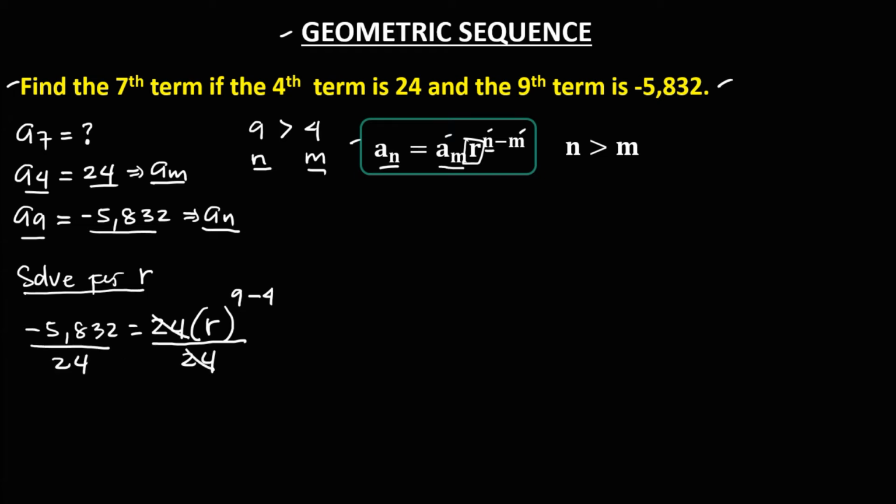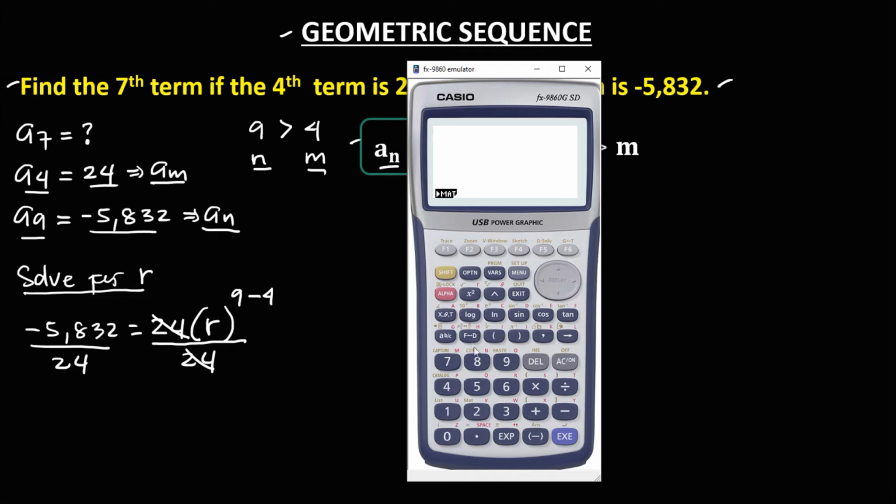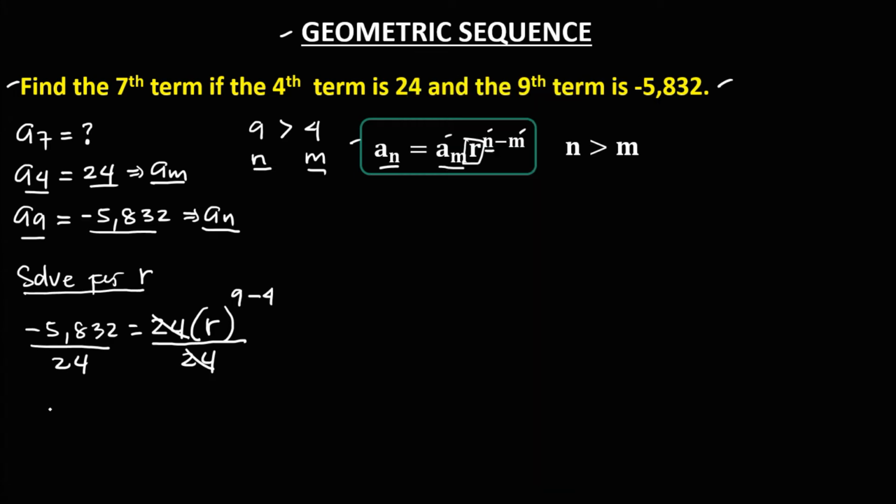So negative 5,832 divided by 24 equals negative 243, and this equals r to the power 9 minus 4, to the power 5.